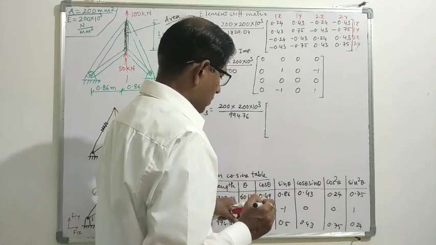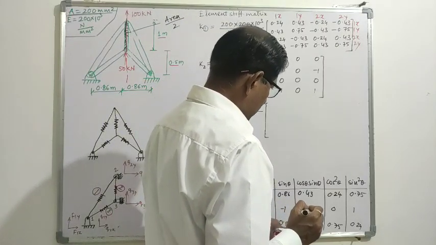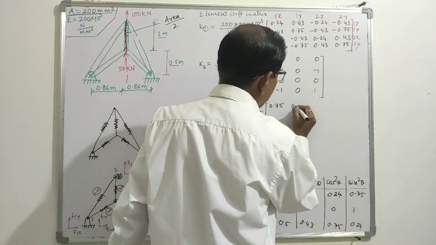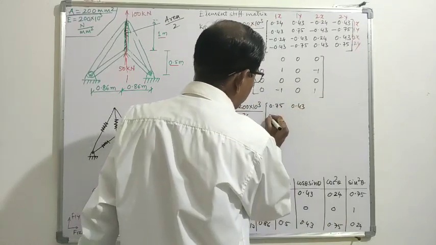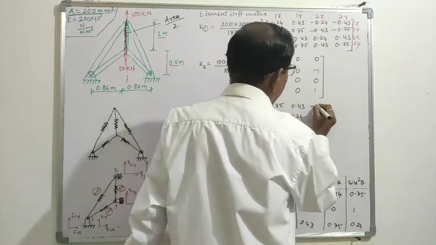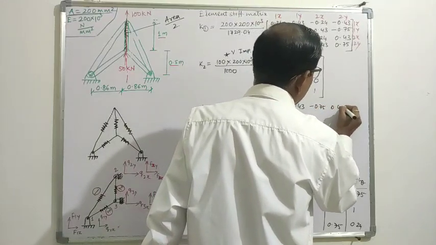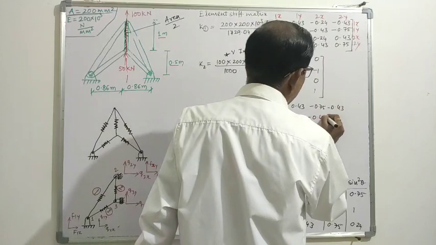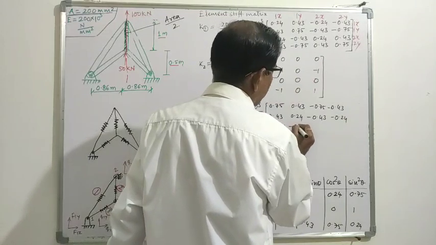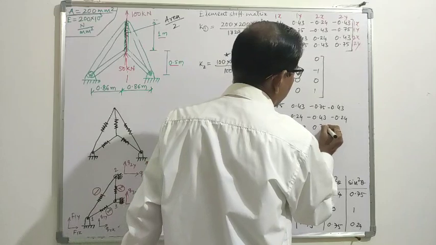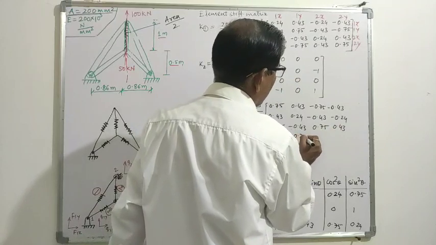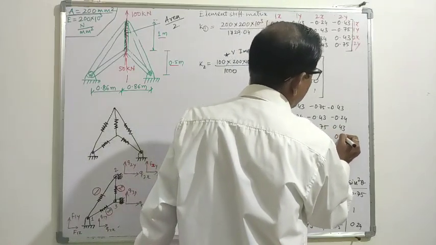Here also C square, CS, S square, so minus 0.75, 0.43, minus 0.43, minus 0.24, minus 0.75, minus 0.43, 0.75, 0.43, minus 0.43, minus 0.24, 0.43, 0.24.